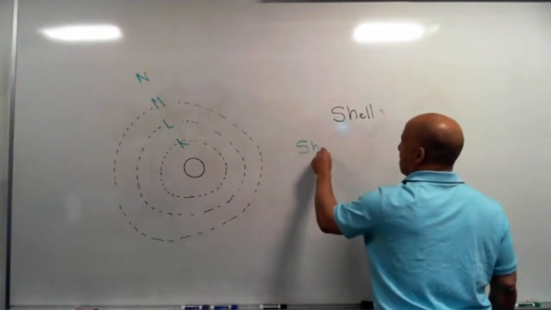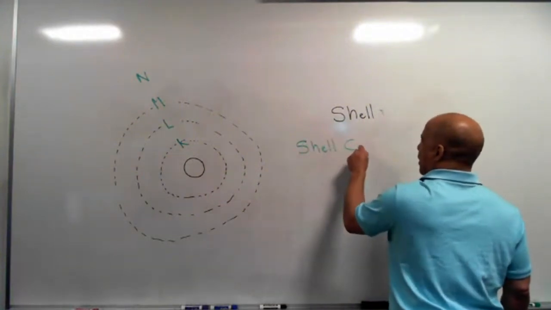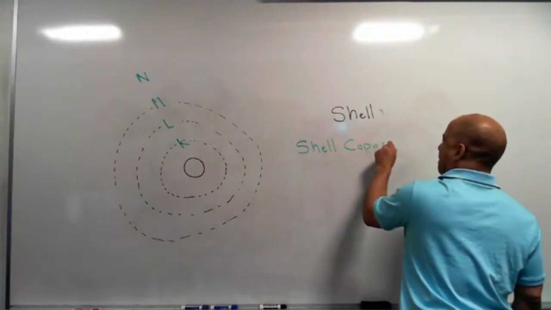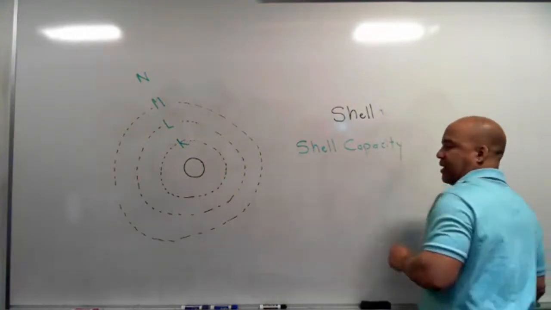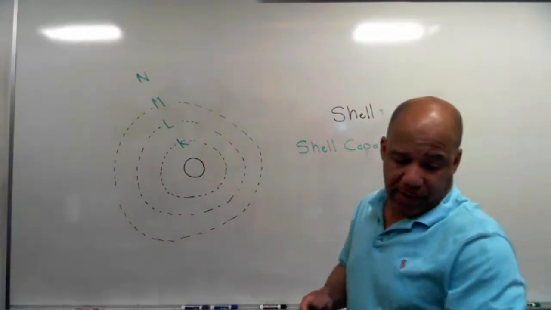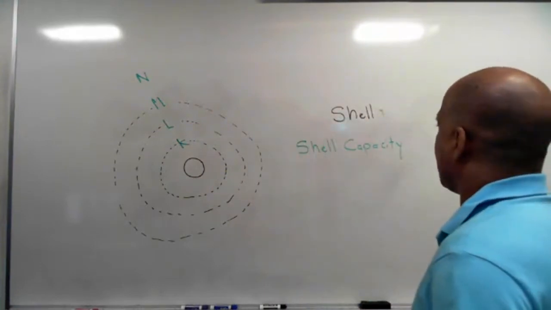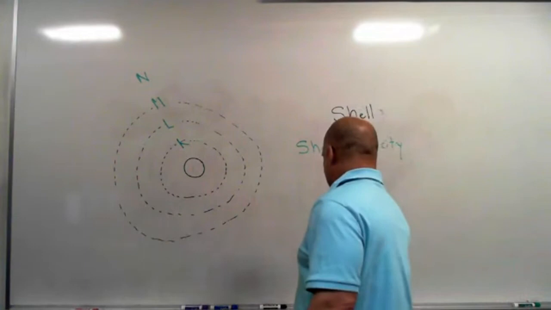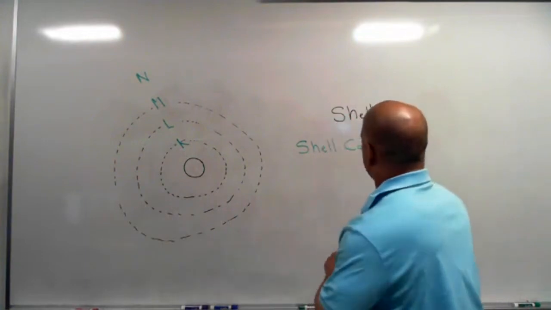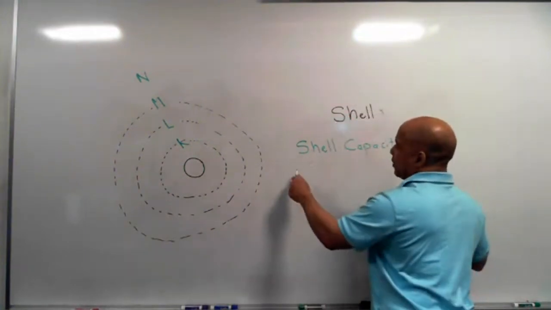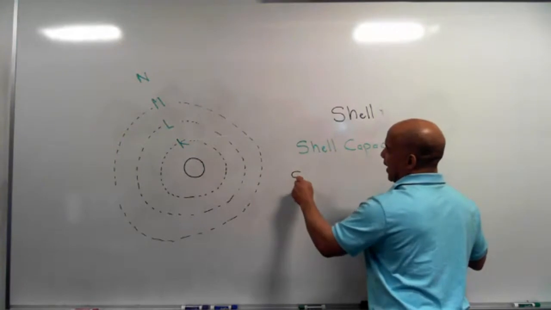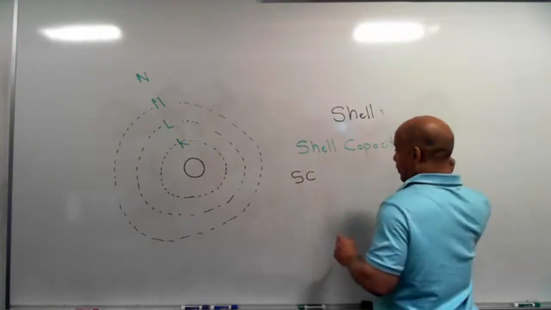Shell capacity. It's important to be able to determine the shell capacity, and there's a simple equation you can use. When I talk about shell capacity, I just abbreviate it SC.